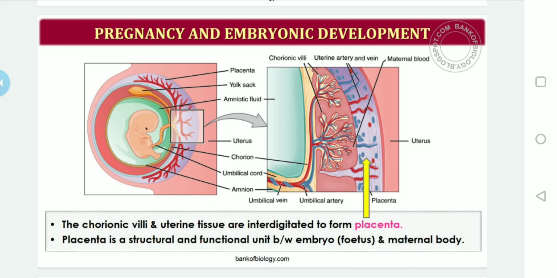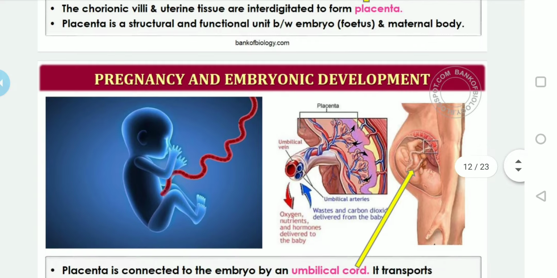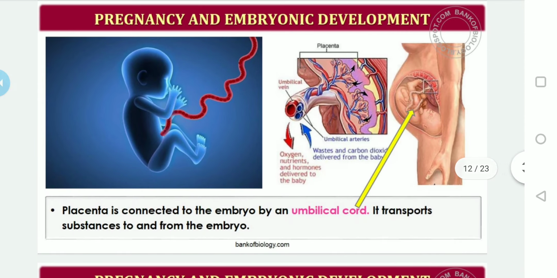Now the question arises, what is actually the placenta and how is it connected? The placenta is connected to the embryo by an umbilical cord. It transports substances to and from the embryo.